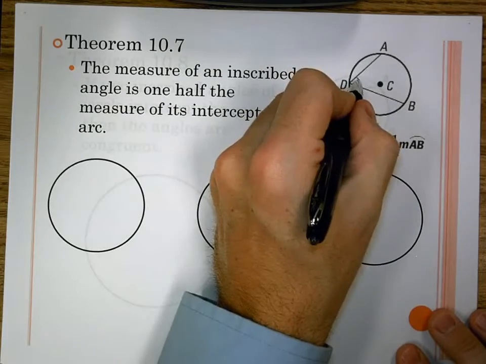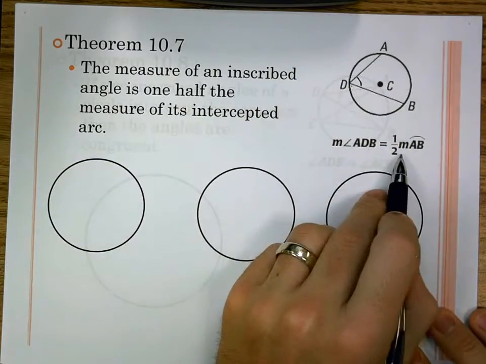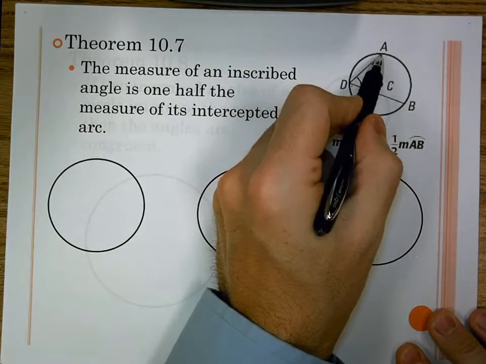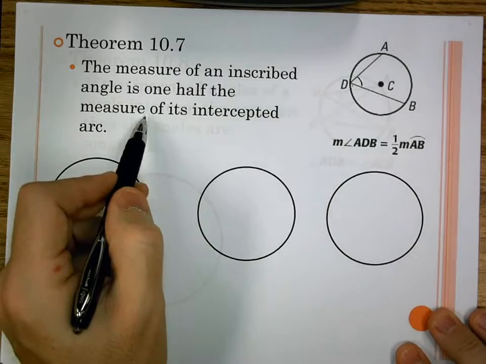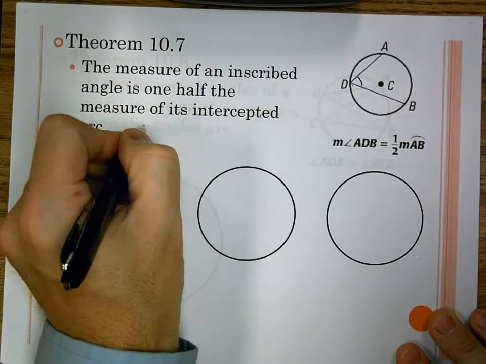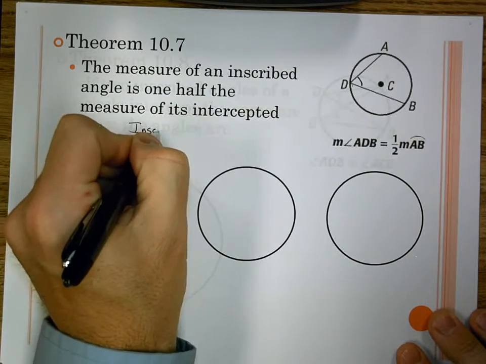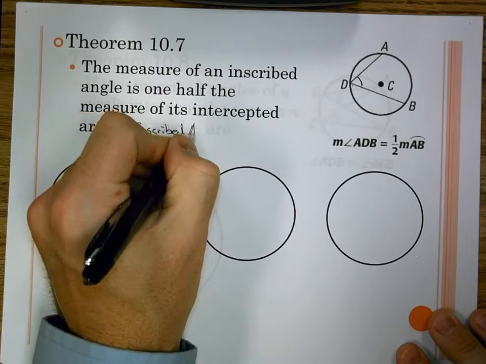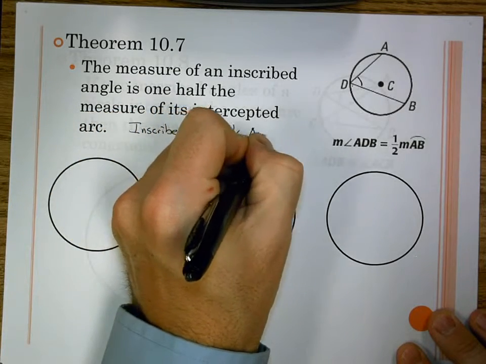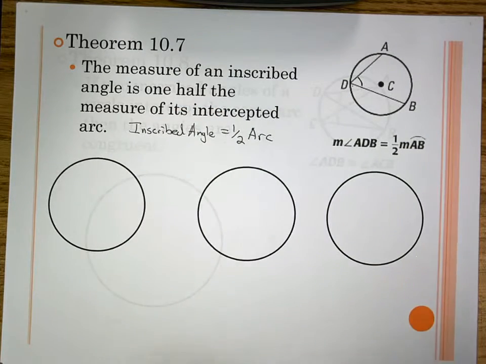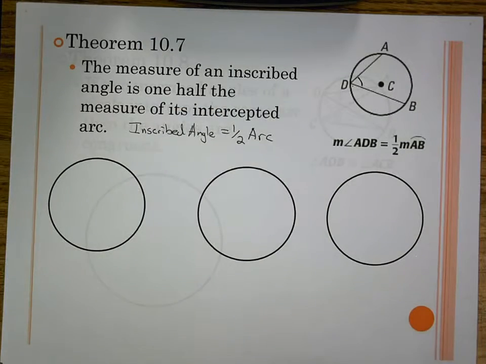That is equal to 1/2 the measure of arc AB, which is out here. Let's shorten it up and say the inscribed angle equals 1/2 the arc. That's our general rule for inscribed angles.